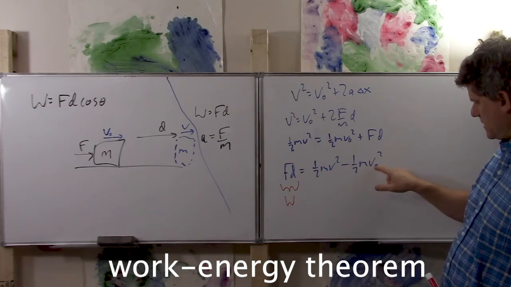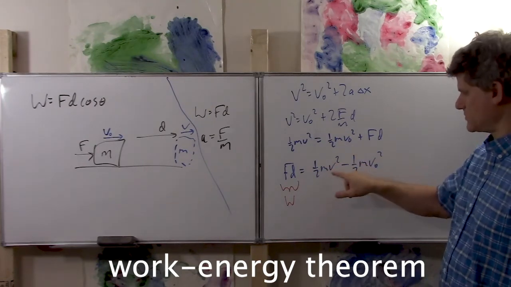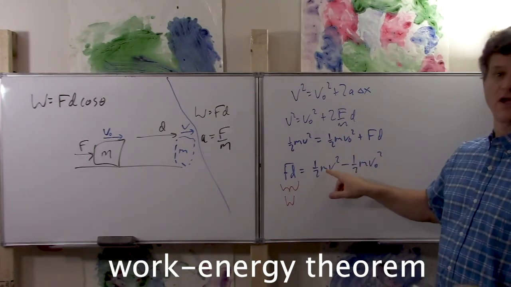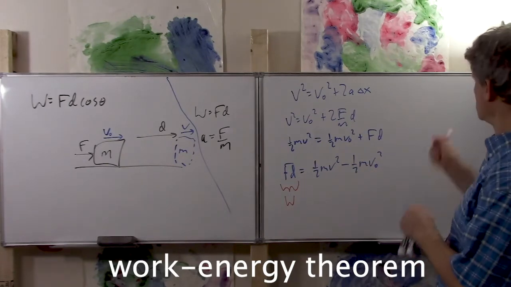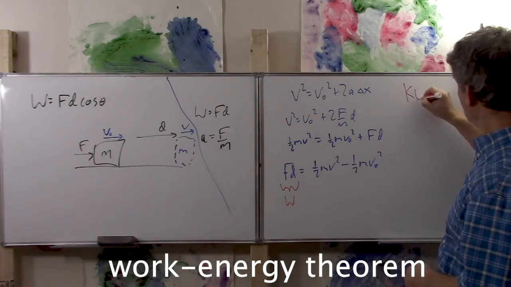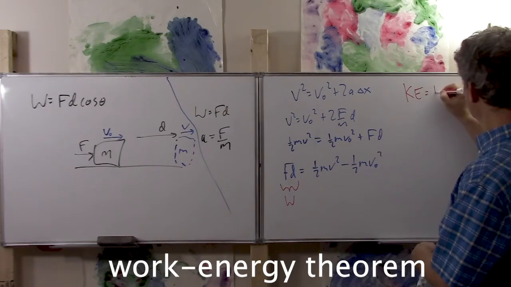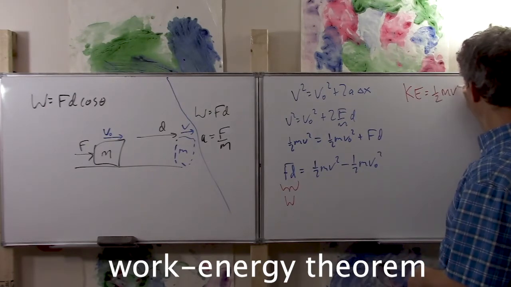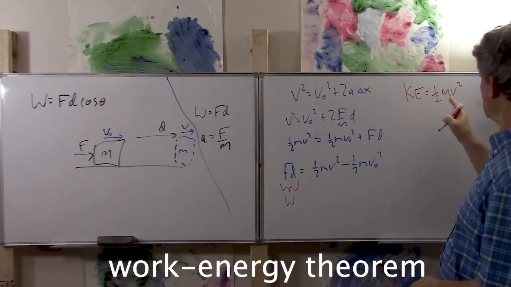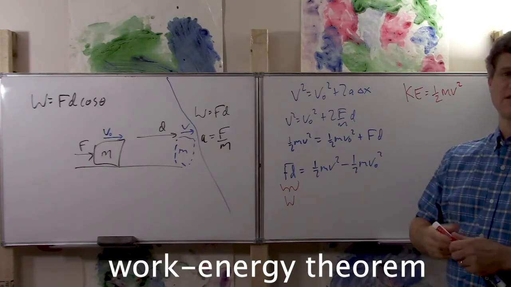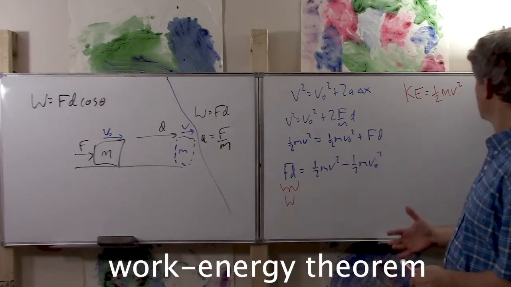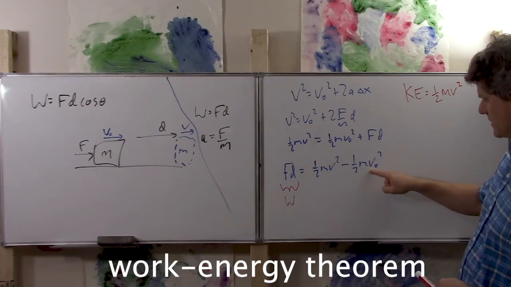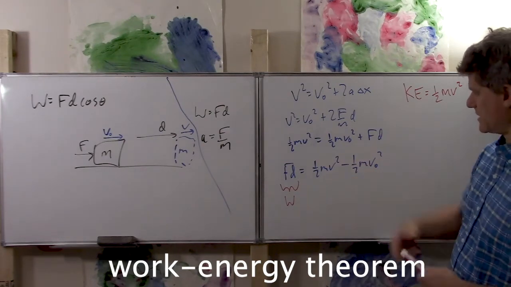This is the quantity at the initial time, and this is that quantity at the final time. So it's helpful at this point to make a definition. We define 1/2 mv squared as the kinetic energy. So kinetic energy is 1/2 mv squared. That's the energy of movement. And then this is the kinetic energy initial, and this is the kinetic energy final.